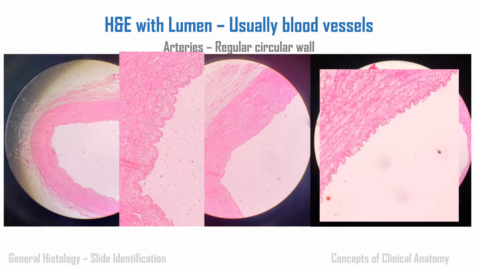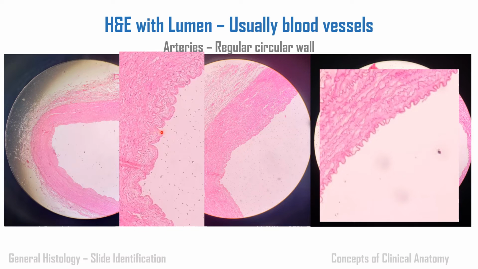Here if you closely observe, close to the tunica intima, you can see a thick line that is known as the internal elastic lamina. Then in between the muscle fibers, you can see elastic fibers running. So elastic fibers are present randomly.